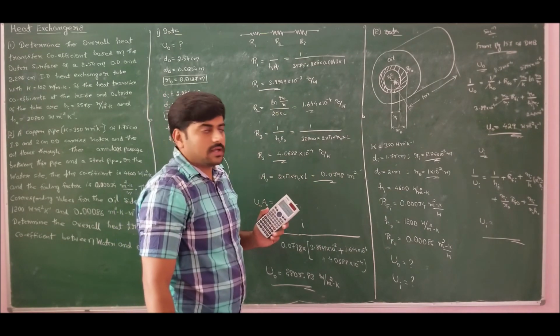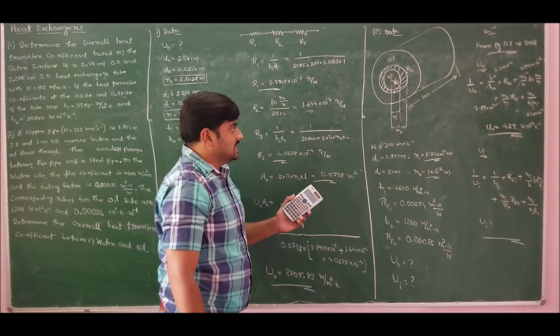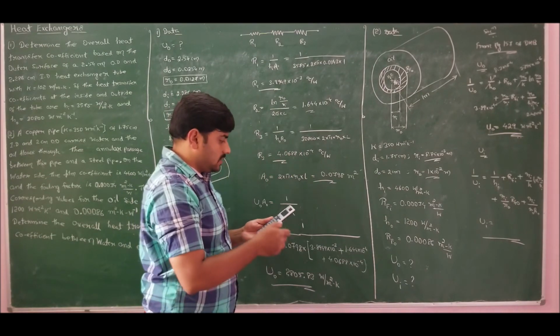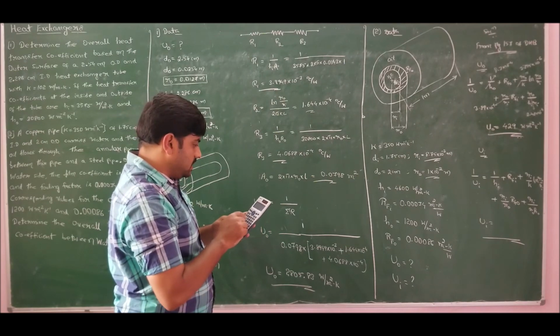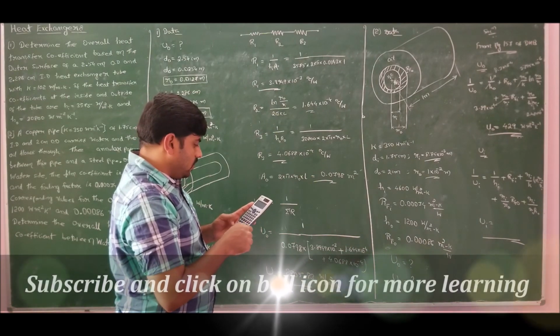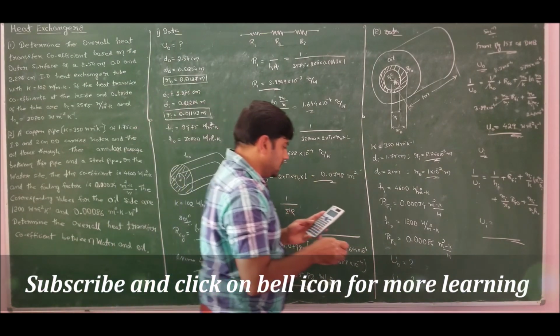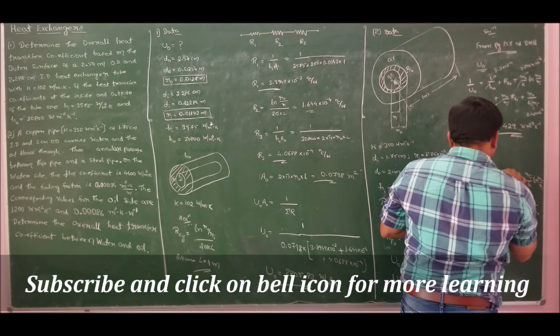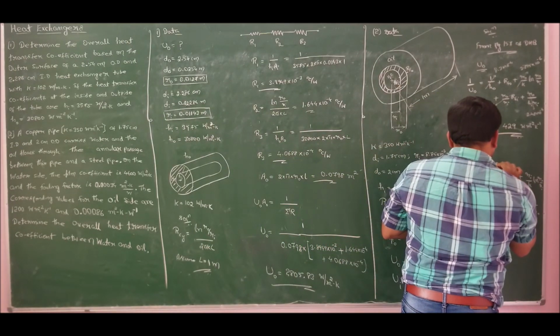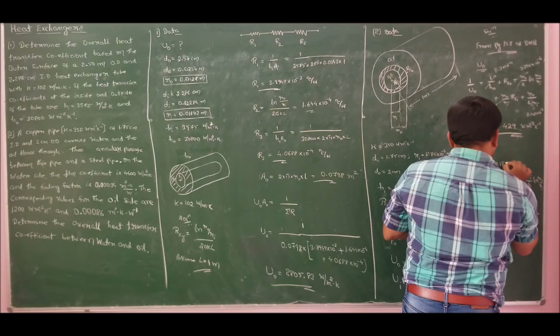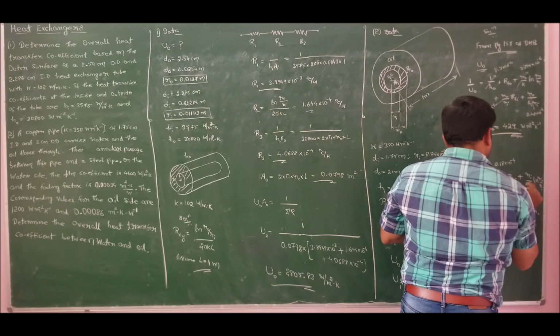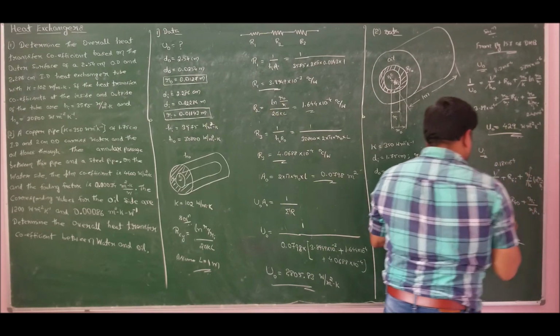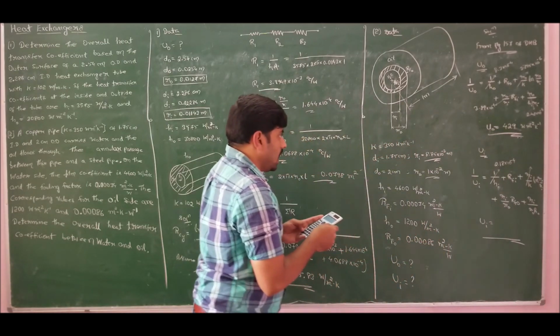Similarly, if I solve for inside surface area, the first term is 1 by 4600, which is 2.18 × 10^-4. This term becomes Ri by k.